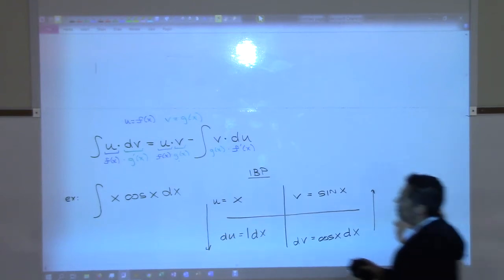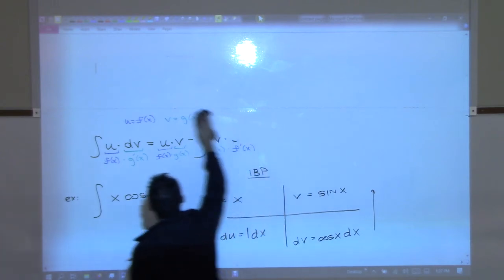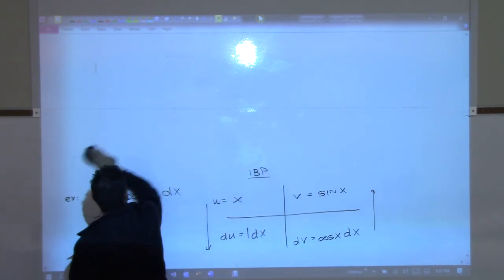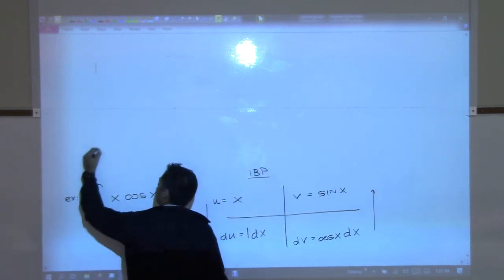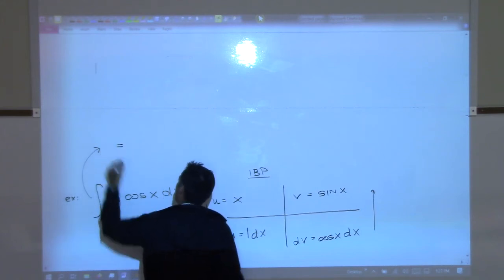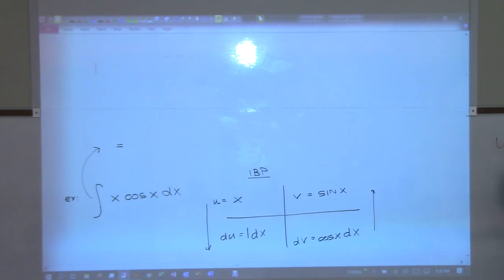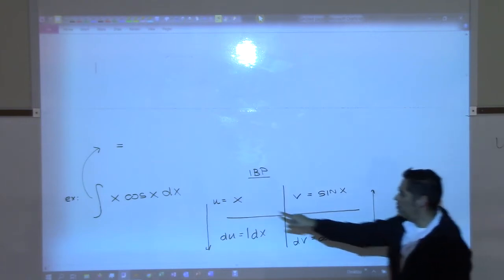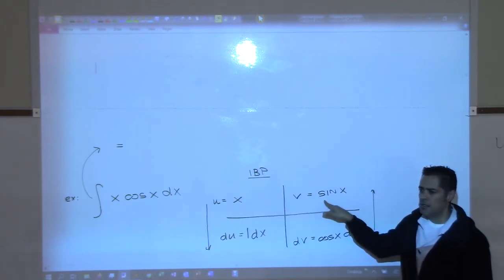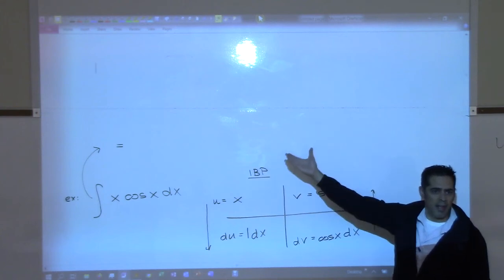So we're going to take this, I'm going to get rid of this. So this becomes, I'll put it over here, ultraviolet minus the integral of voodoo. Okay, so I'm going to do u times v first. So here's u, right? And here's v. I just need to multiply them together and stick that right there.